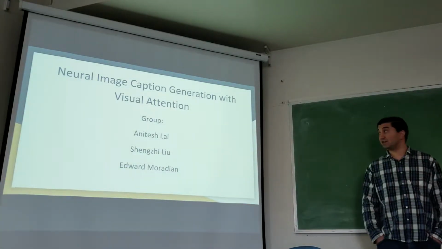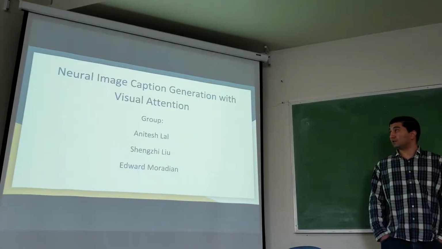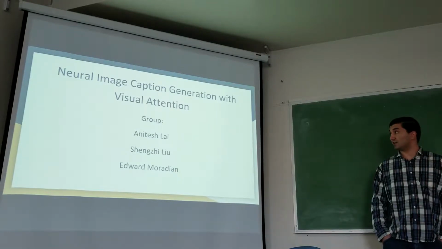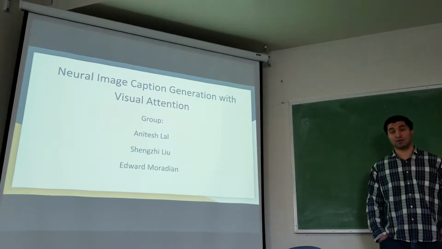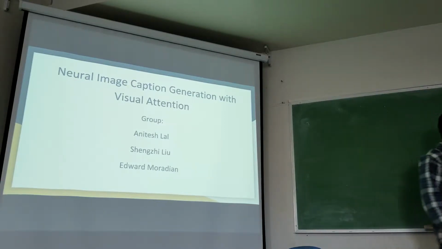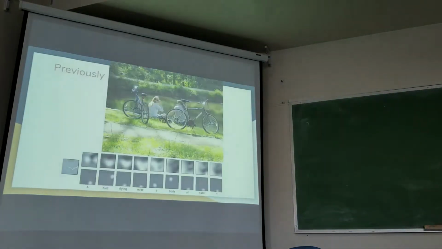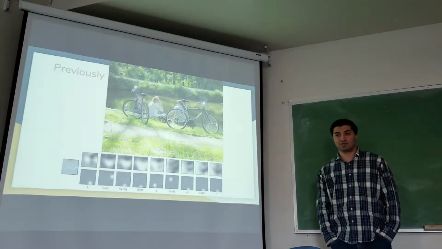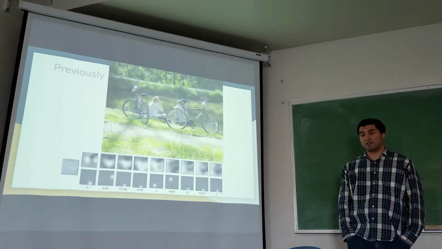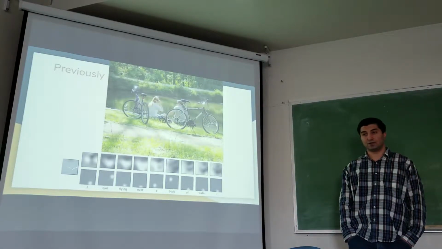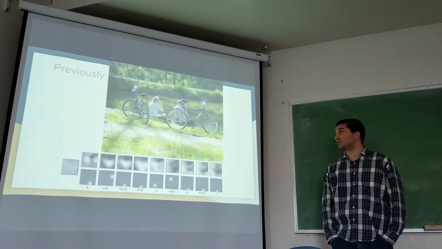So in today's presentation, I'm going to go over neural image caption generation with visual attention. This is the article that our group is working on. In our first lecture, we went over a general overview of this article and how we could generate image captions.